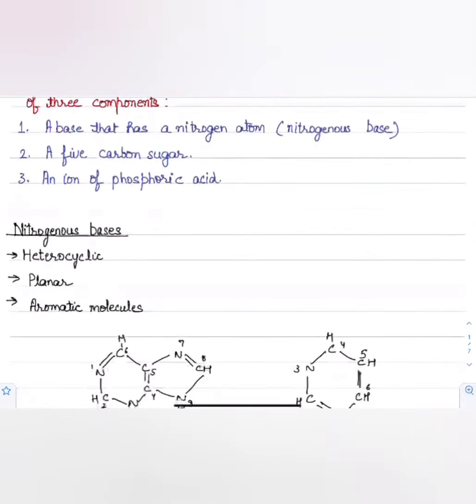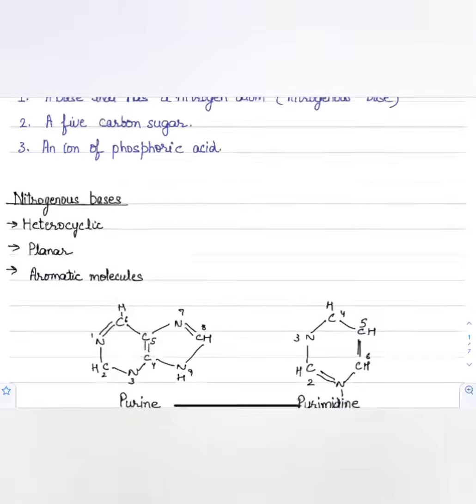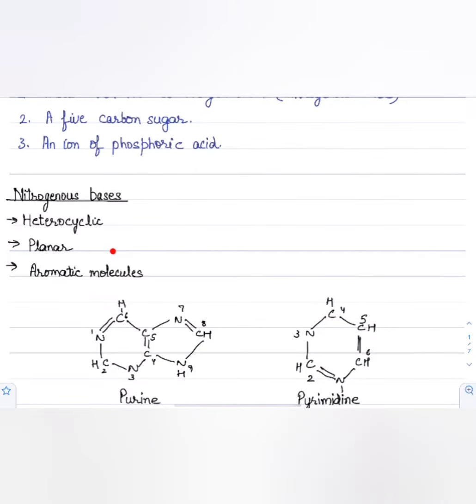Next, in the nucleotide composition, we have nitrogenous bases. They are heterocyclic, planar, and relatively water-soluble aromatic molecules. There are two general types in DNA and RNA, purines and pyrimidines.